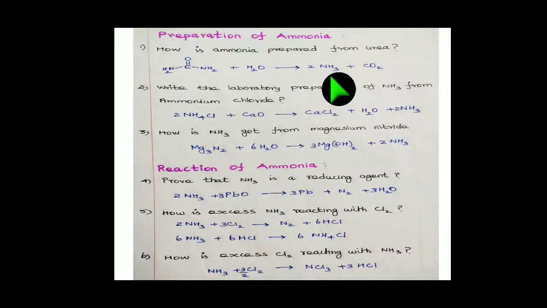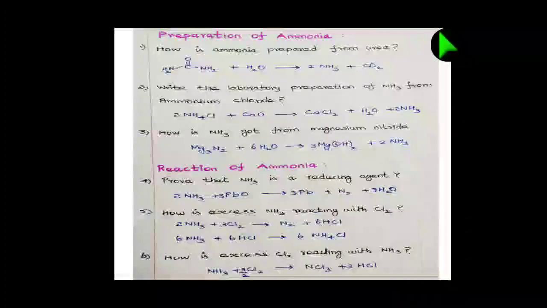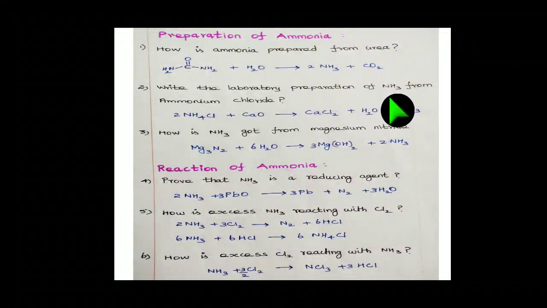After that, you have to check the hydrogen. 2 into 3, 6. Here 2 plus 2 plus 2, 6 hydrogens are present. Carbon dioxide here 2: here CO and another O is here. So this equation is balanced. And another question is the laboratory preparation of ammonia.